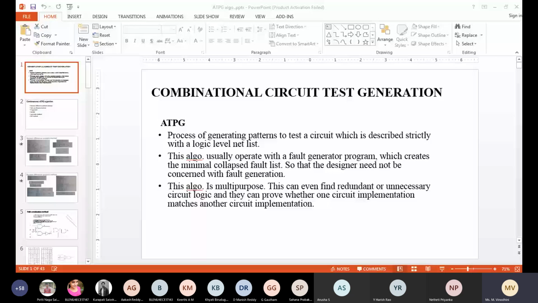So these algorithms give us the output, and the output will be test vectors. This is one way of dealing with this. Even if you go with the ATPG algorithm, finally I will come to know that for these particular faults, these are the test vectors I can use. Only those test vectors having the maximum coverage, I can use.